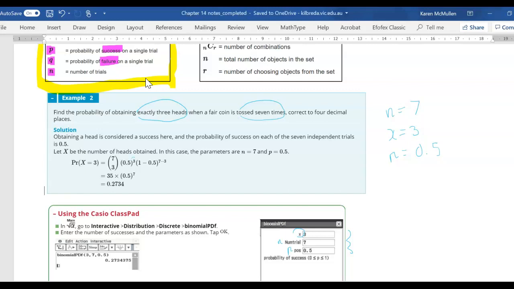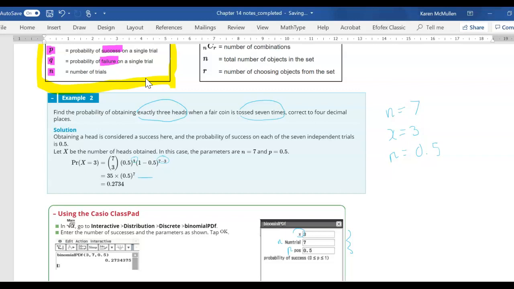And then we've got the value of x here, and this power is just n minus x, so 7 minus 3. So your 2 powers have to add up to your number of trials, because you're effectively wanting, for this question, 3 successes and 4 failures. So you have to allow for each trial.